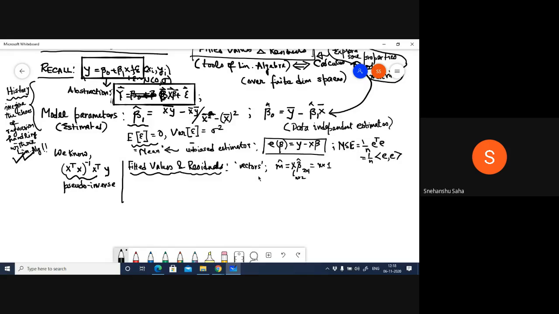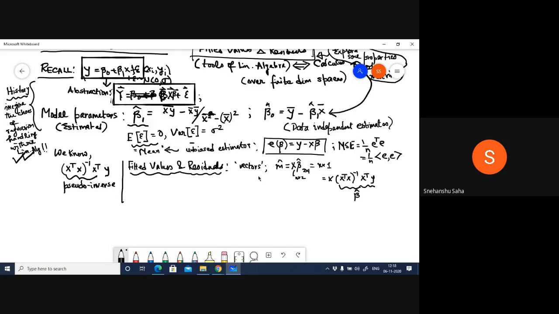So beta hat comes from that pseudo inverse computation. I can extend this out and write it in this form: x transpose x inverse x transpose y. This is the beta hat.